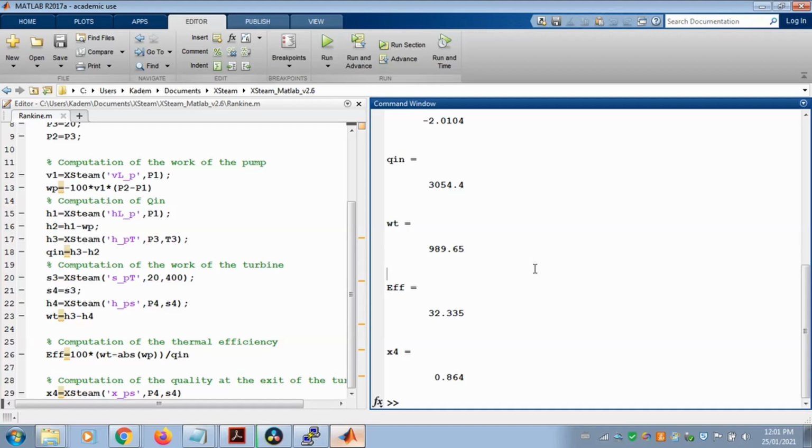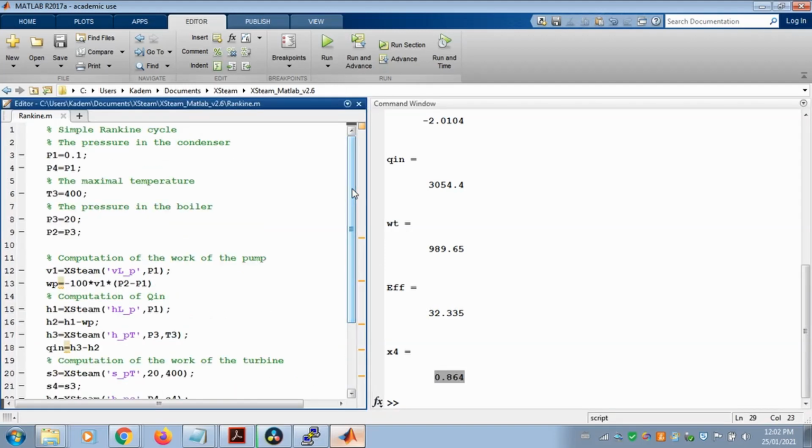Now that we have this, and you see that it takes a bit of time to code this, okay? But the beauty now is that we can start playing with the different parameters without solving the problem again and going searching for values in a table again and again, okay? So now we know that the efficiency is 32.33, and this is what we have to check.